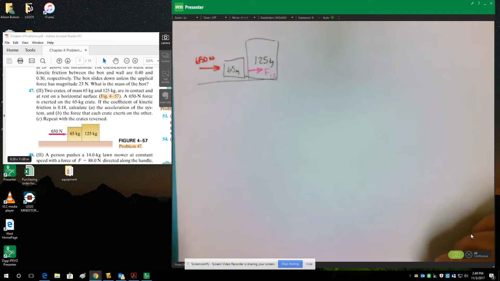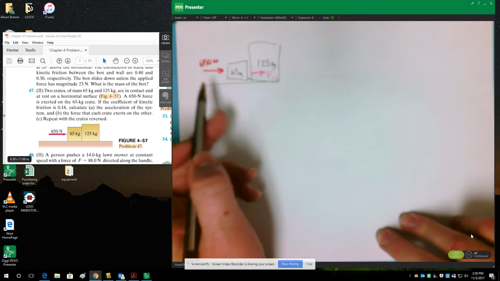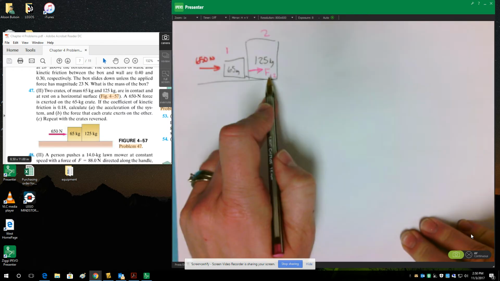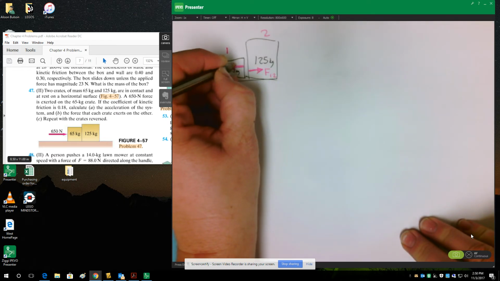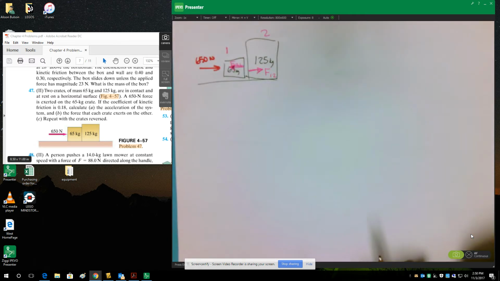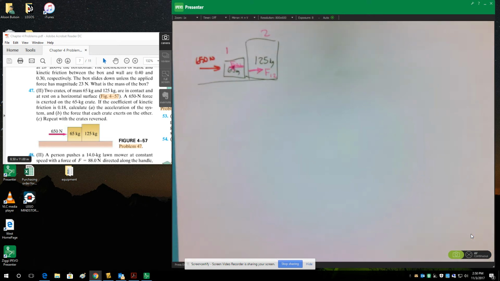Newton's third law says that whenever there's an action, there's an equal and opposite reaction. So if block 1 pushes on block 2, immediately, simultaneously, block 2 pushes back on block 1. So we have two different forces on two different blocks that are exerted as a result of 1 being pushed up against 2 with that 650 newton force.